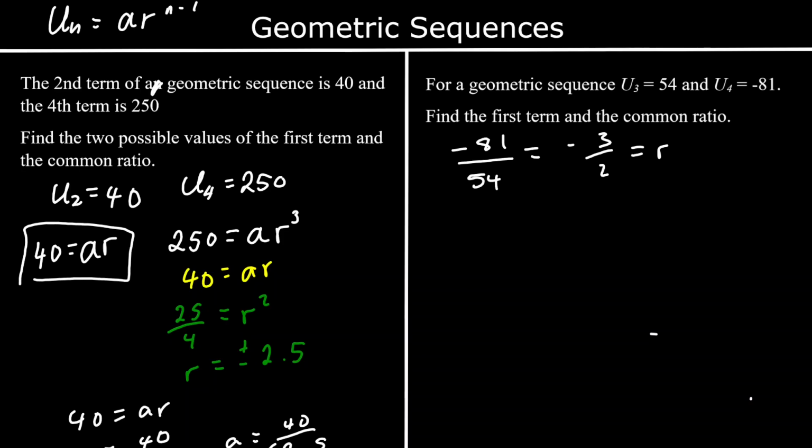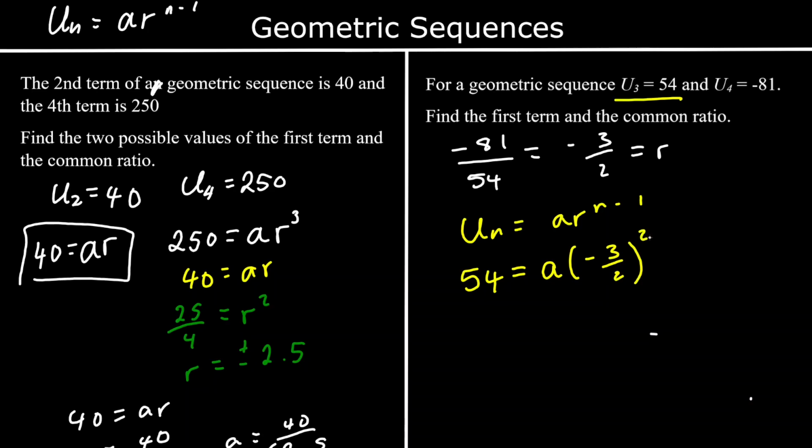Let's use our general rule. So un is ar to the power of n minus 1. And for the third term, 54 is a times minus 3 over 2, which is r, to the power of n minus 1. 3 minus 1 is 2.